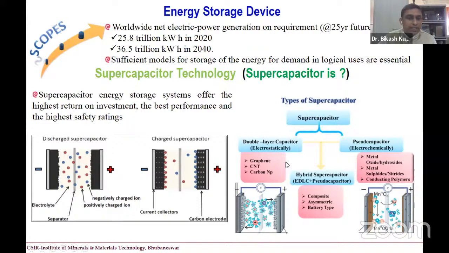One is the electric double layer capacitor, EDLC, based on carbon-based and some metal-based materials. Others can charge and discharge through EDLC as well as electron transfer processes. That's called a pseudocapacitor. You can also combine both double layer and pseudocapacitor activity to make a hybrid supercapacitor, so that you can increase the energy density as well as the power density.